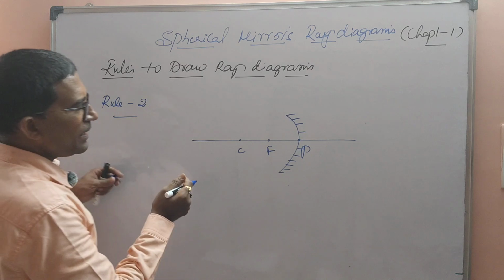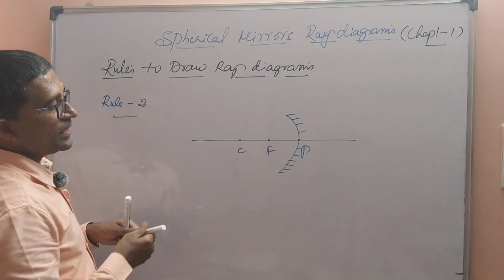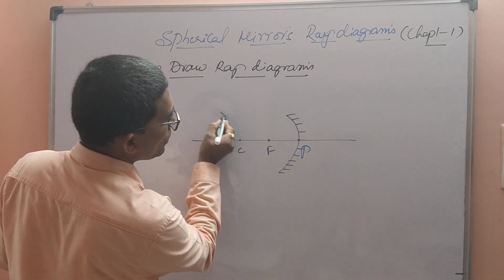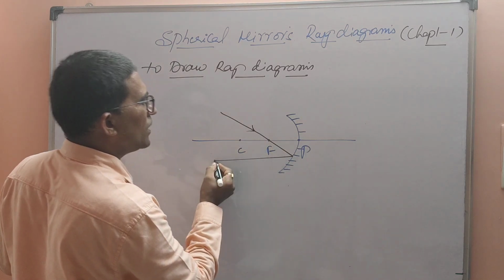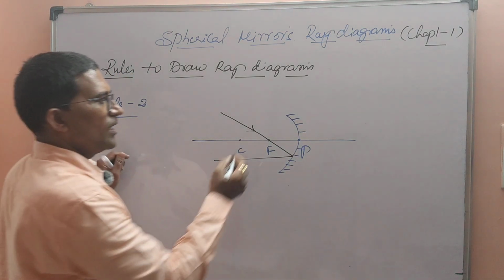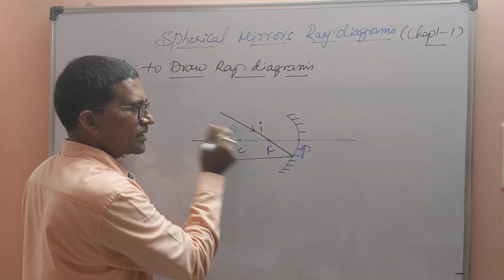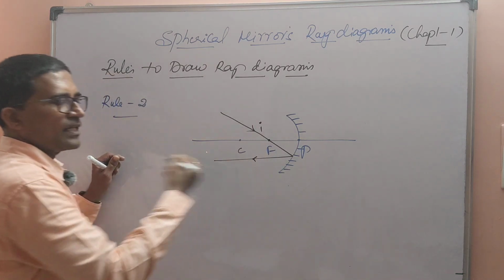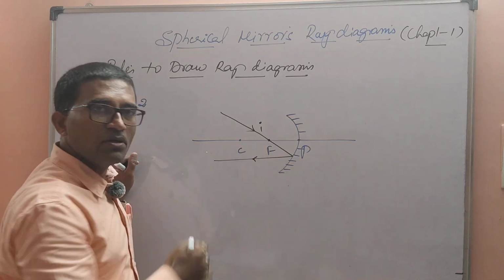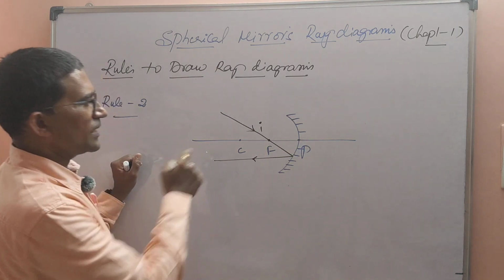If the incident ray passes through the focus, after reflection, it is parallel to the principal axis. If the incident ray is passing through the focus, after reflection, the reflected ray will be parallel to the principal axis. This is the second rule.